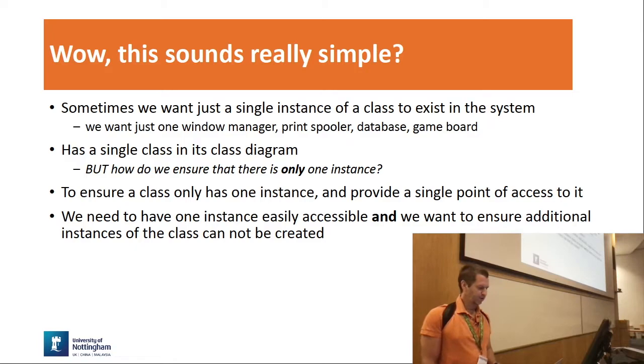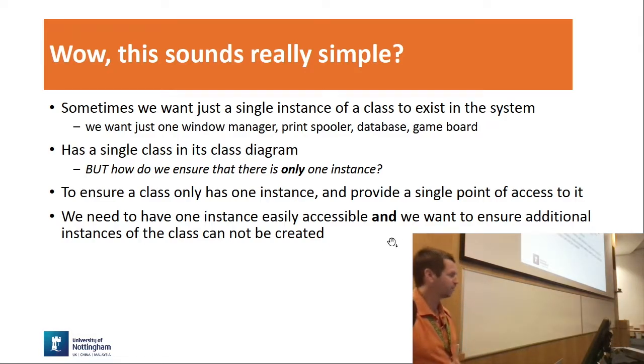And so the question is, how do we make sure that there is only one of these instantiated at any time? We create a Singleton pattern, and we provide only a single point of access to it. We need to have one instance easily accessible, and we want to ensure additional instances of the class are not created.